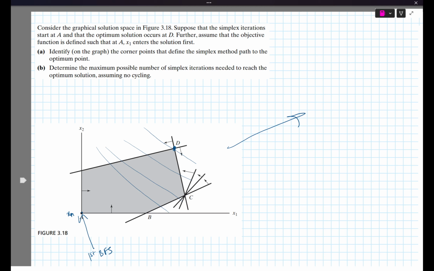No, first BFS here means x1 equal to 0, x2 equal to 0. That means these are not in the basic set. These are non-basic. Yes, but there may be some other variables which are non-zero, x3, x4. But then how can we draw the graph if it is a many-variable problem?